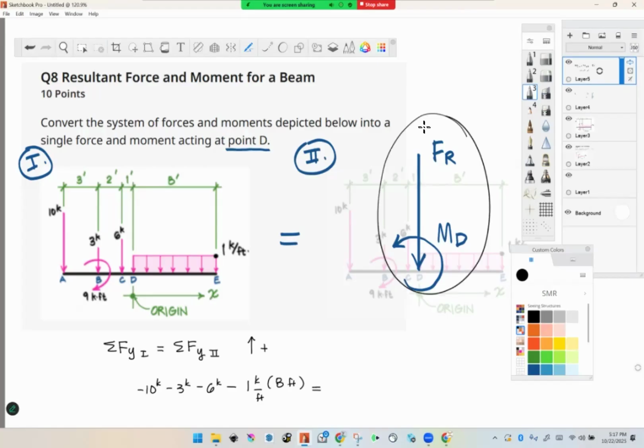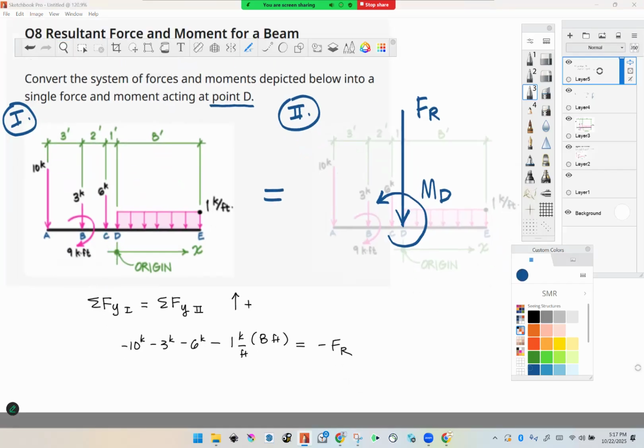And over here, I assumed it was downward, so negative F sub R. Everything is negative, which is why I was on the fence about doing it this way. So 10 plus 3 plus 6 plus 8 equals F sub R.